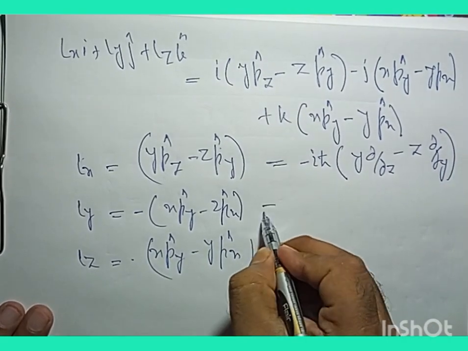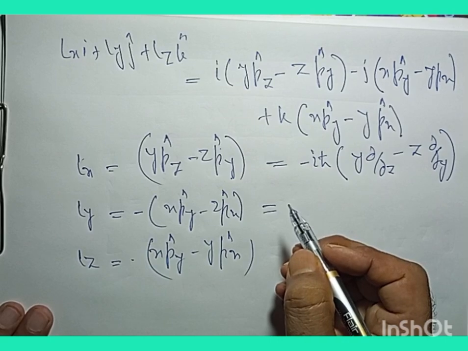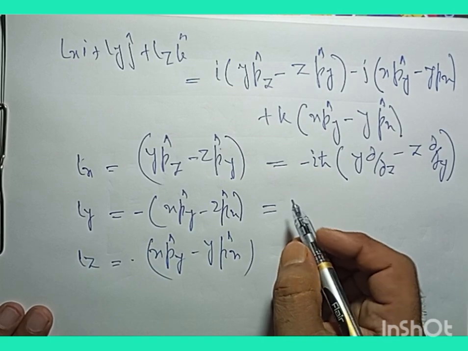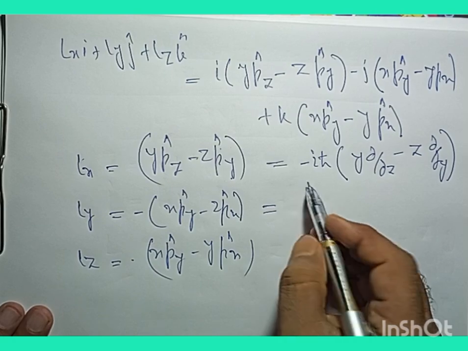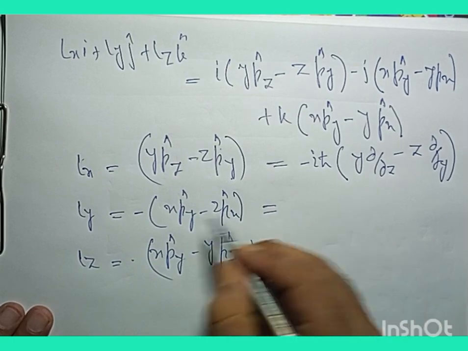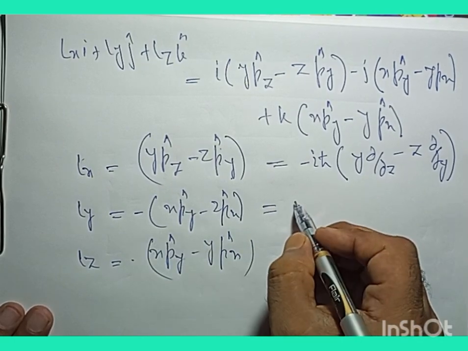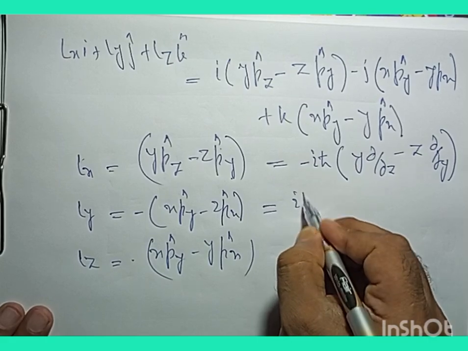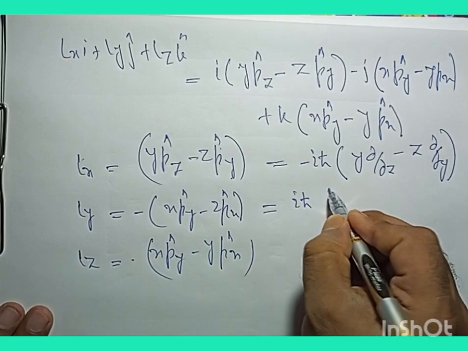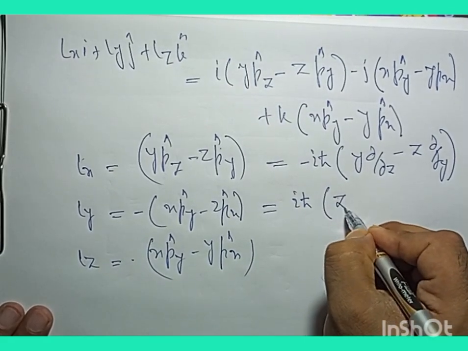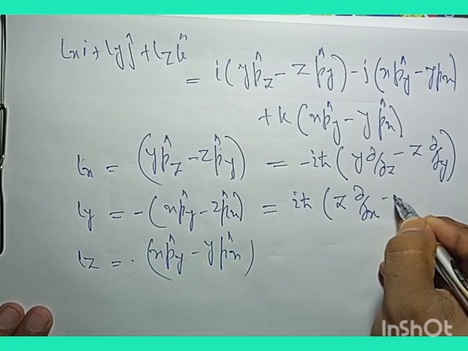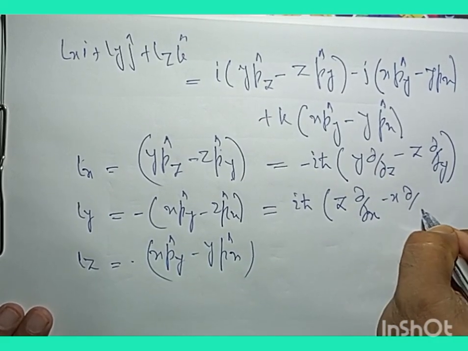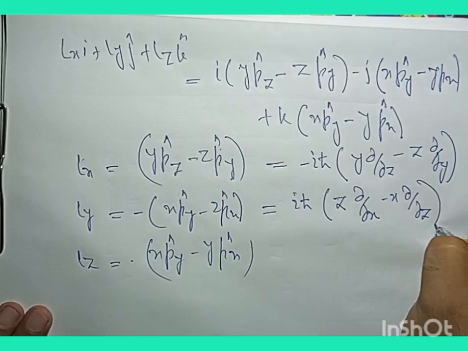And for the y component of orbital angular momentum, minus iħ will come out, and that minus will become positive with this minus. So we will have iħ times (z ∂/∂x minus x ∂/∂z).